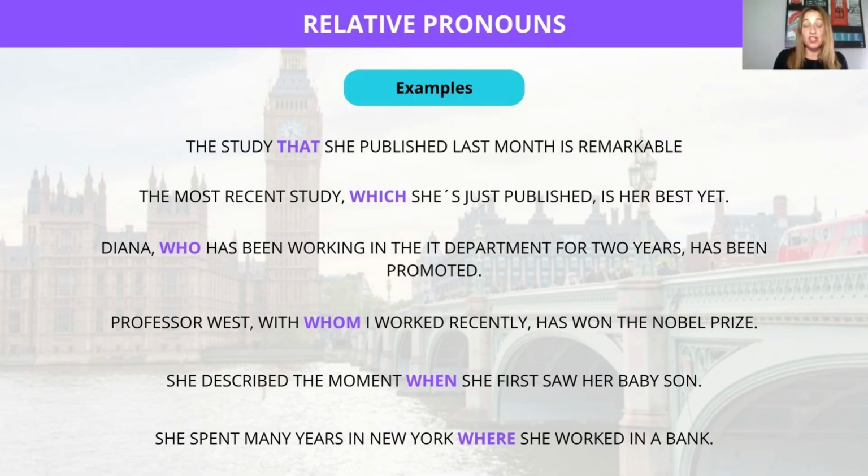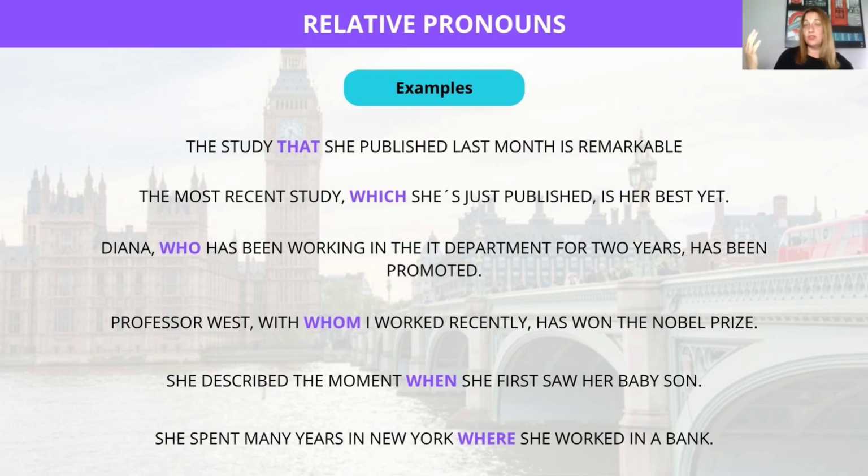The study that she published last month is remarkable. So take this sentence. Which is the main message? Which is the relative clause? The study is remarkable. This is the main sentence.